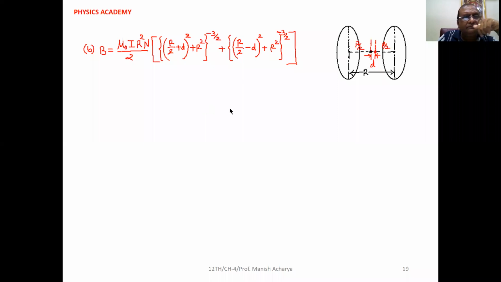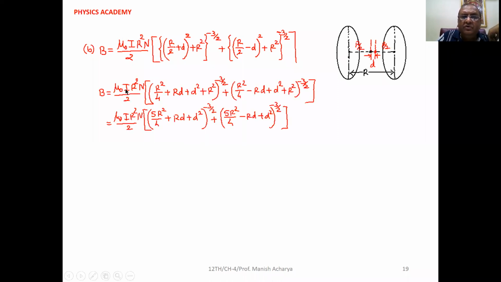Now mu 0 I r square n by 2 stays outside the bracket as it is. Now simplify this: (r by 2 plus d) whole square is r square by 4 plus rd plus d square, plus this r square as it is, and the whole raised to minus 3 by 2. Plus, now simplify this: (r by 2 minus d) whole square is r square by 4 minus rd plus d square, plus r square, raised to minus 3 by 2.